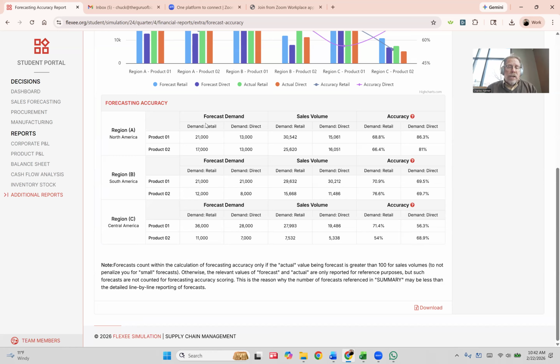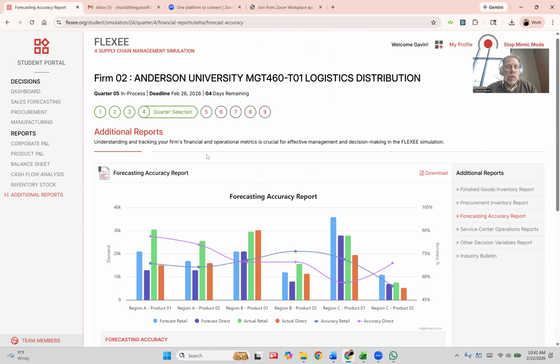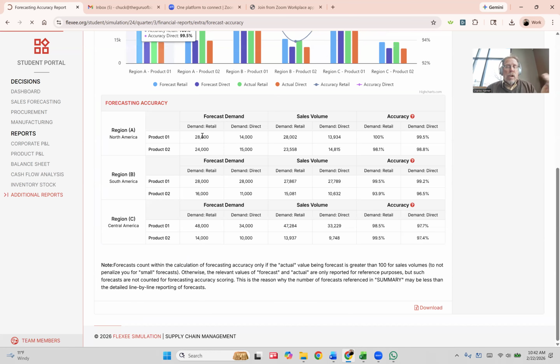Looking at these numbers compared to quarter three, you lowered your forecast, which tells me you probably went with the system forecast, which you're now seeing is a bit of a lagging forecast, when in fact the demand turned out to be higher.